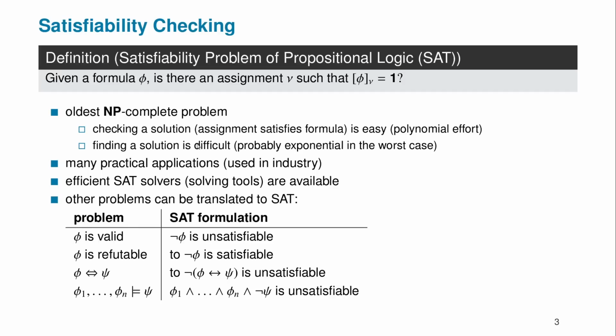So if we have n variables in a formula, then in the worst case we have to check 2 to the power of n possibilities. But if we have a candidate solution, then it's very easy to verify if this is indeed a solution. We just plug in the values into the formula and check the result to see if the formula is true. This can be done with polynomial effort, by just going over the formula.